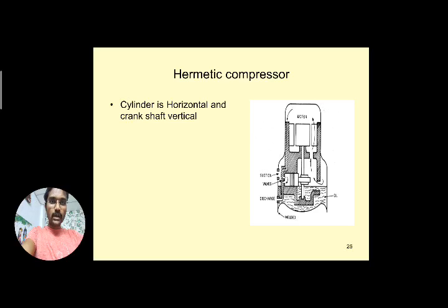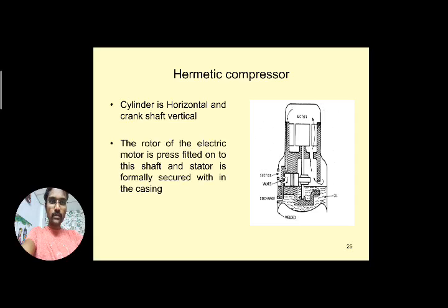The crankshaft is vertical and is coupled to the motor shaft. The rotor of the electric motor is press fitted onto this shaft, and the stator is firmly secured within the casing. It is placed at the sides, as you can see here.